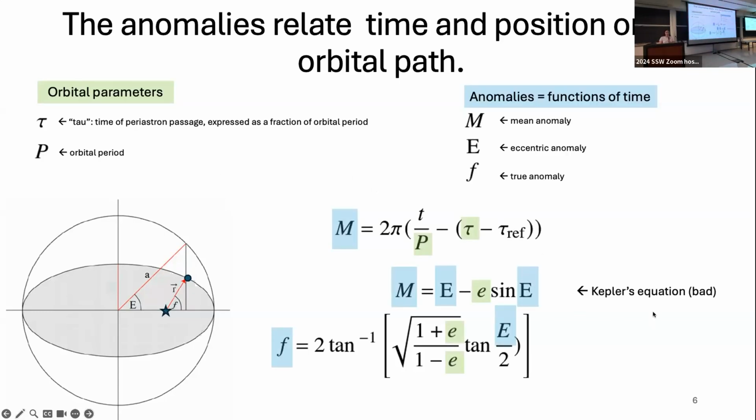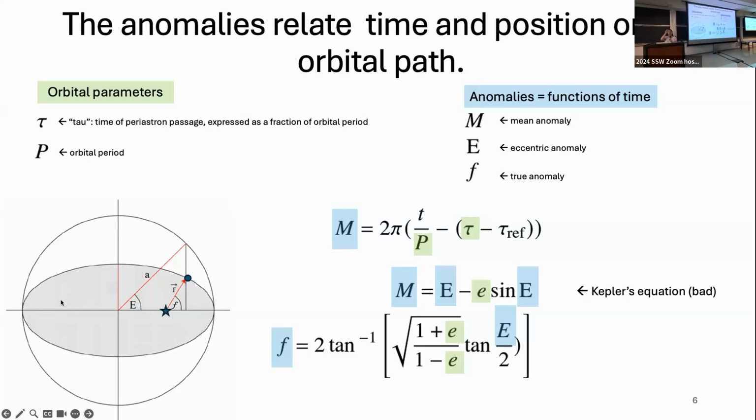Yeah, so this is Kepler's equation. It's bad because it's hard to solve. But once you can solve Kepler's equation, it's very helpful for predicting what your planet is going to do over time, because mean anomaly is just going to increase linearly with time, whereas planets don't actually orbit like that.